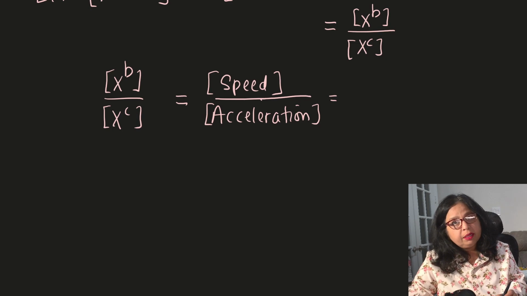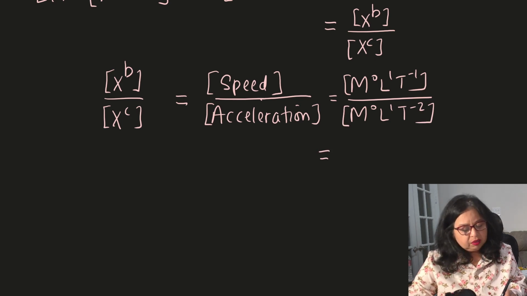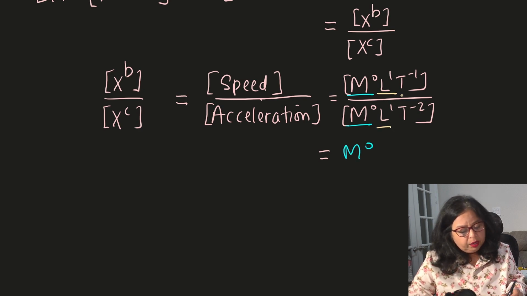Speed. What is the dimensional formula for speed? M0 L1 T minus 1. Likewise, acceleration is M0 L1 T minus 2. What does this give you? M0 divided by M0 remains M0. L1 divided by L1 becomes L0.